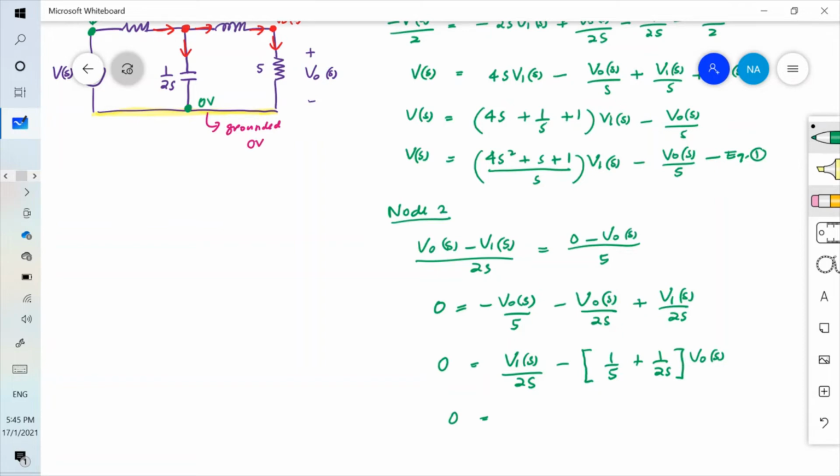So you will get V1s over 2s minus, both should be multiplied by, to make sure that the denominator is 10s, over 10s. So it will become 2s, plus 5.